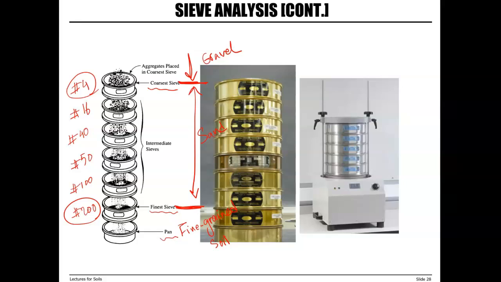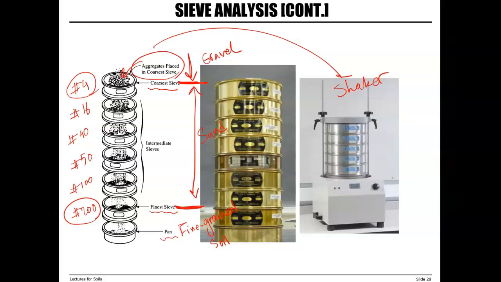So we measure weight of sieves when they're clean and empty, then stack them on top of each other, then measure weight of our soil sample, and then put it in coarsest sieve. So we place it here, put the cap on, place it in the shaker, and then shake our sample.